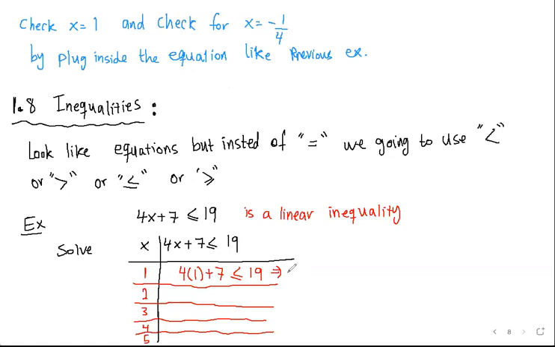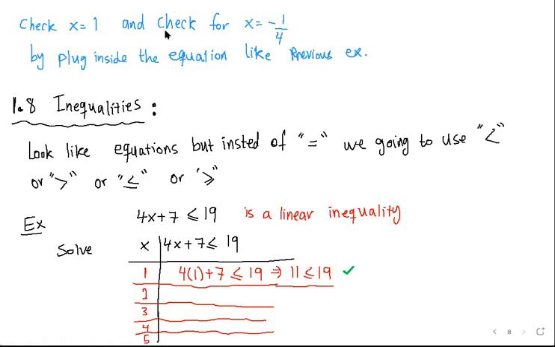This is equal to 11. Is 11 less than or equal 19? Yes, this is true. 11 is less than 19. So this is a solution for this linear inequality.